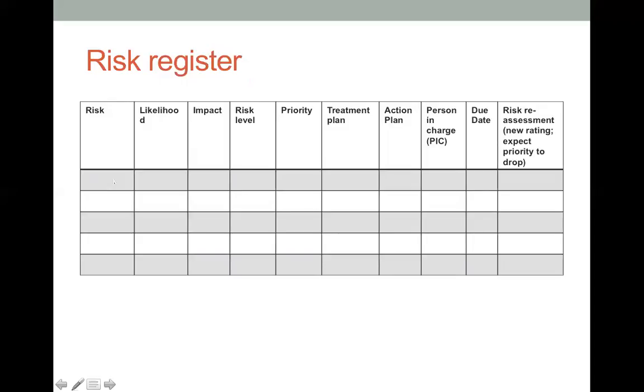This includes risk, likelihood, impact or consequence, risk level, priority, treatment, and action plan. The action plan would normally include the goal, the person in charge, due dates, and the risk assessments. In terms of risk assessment, we expect new writing, and again we expect the priority level to drop.